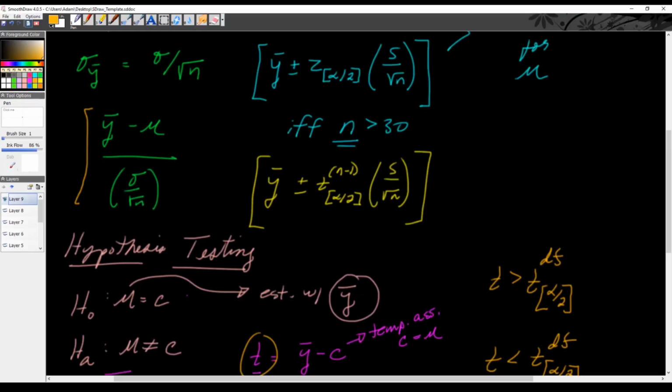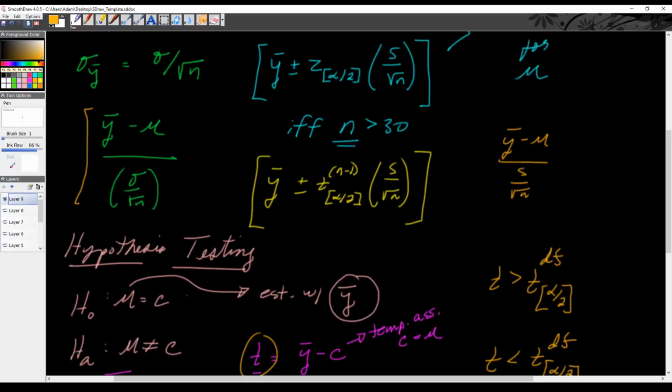So if we replace that sigma with an s, so y bar minus mu divided by s divided by root n, these values, or t values, follow a t distribution with n minus 1 degrees of freedom.